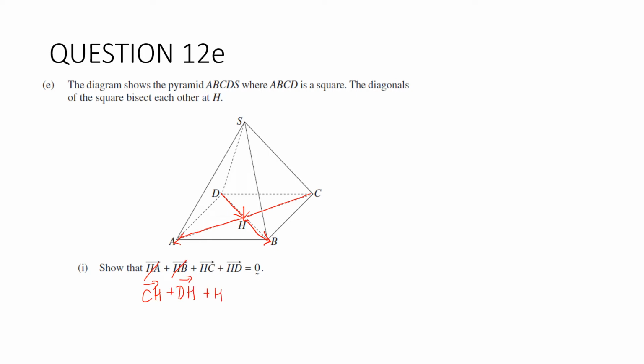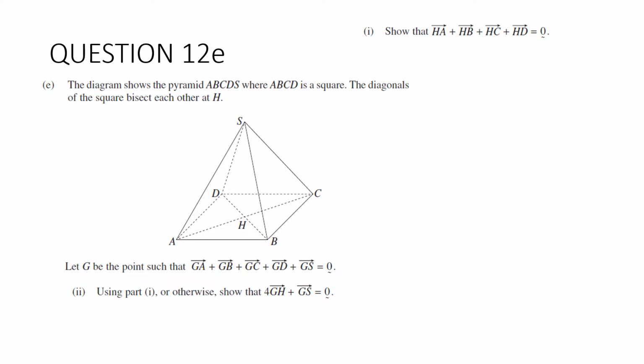So HA plus HB plus HC plus HD is equal to negative HC minus HD plus HC plus HD, and yes, that does equal 0.